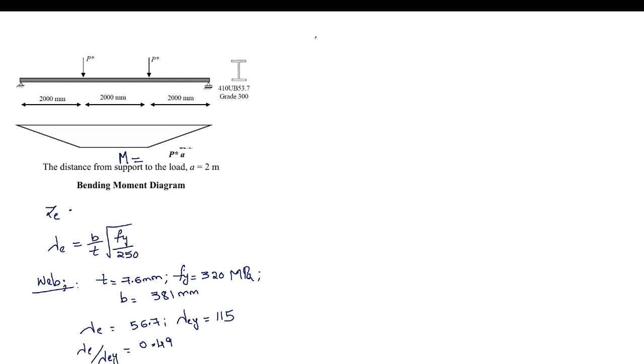Next we need to do the same for flange. The dimensions of this: it has a thickness of 10.9 mm. It has Fy the same, 320 MPa. It has a width which is given by Bf minus Tw over 2, which is 85.2 mm.